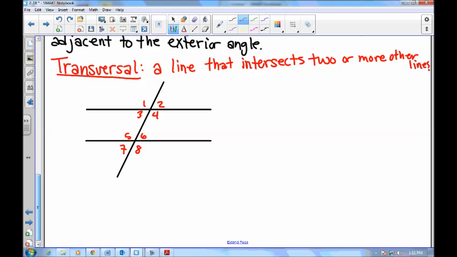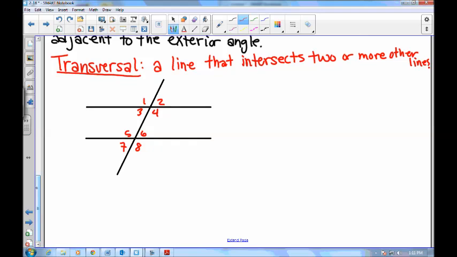Okay, the first type of angles are called corresponding angles. These words actually make sense. Can anyone use the word corresponding in a sentence that would show us what corresponding means?